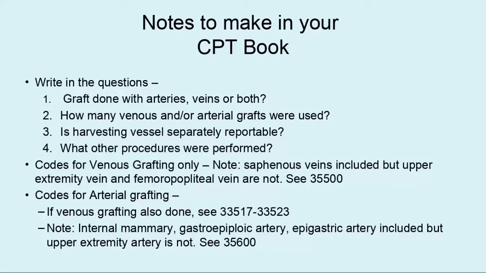Okay, it is impossible to remember all the guidelines, so I suggest you write these notes in your CPT book. Write in the 4 questions. Again, it takes you down step by step to find the right code. Under the section Coding for Venous Grafting Only, make a note or highlight that saphenous veins are included, but the upper extremity and femoral popliteal vein are not.